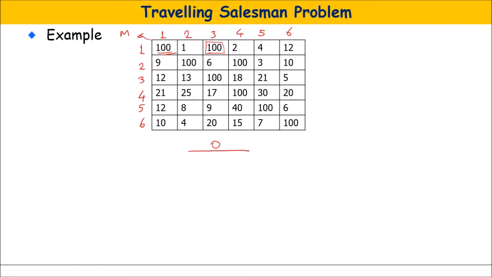Let's say this is our root node, and when you solve this root node, we obtain this solution: x14, x43, x36, x62, x25, and x51 all equal to 1, and all other decision variables are 0, and the z value is 43.